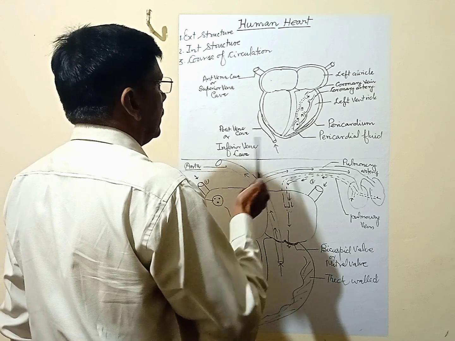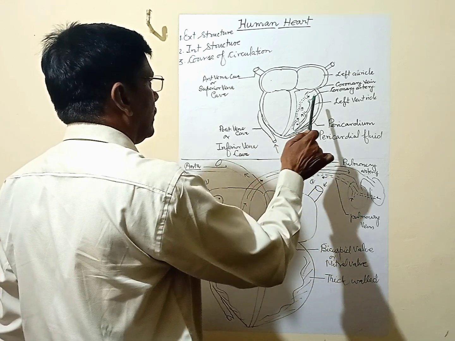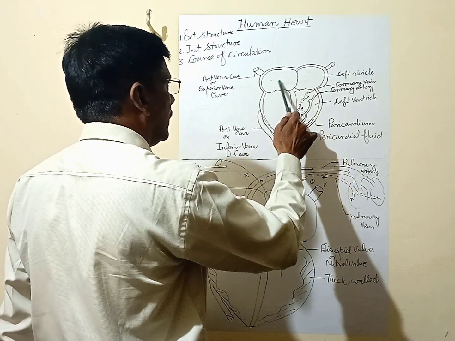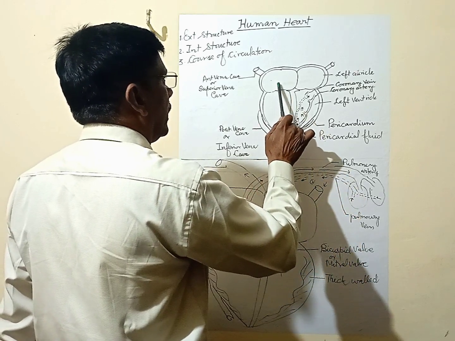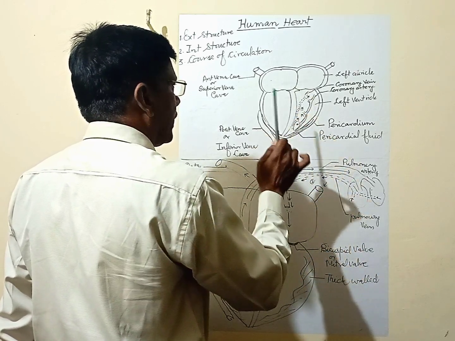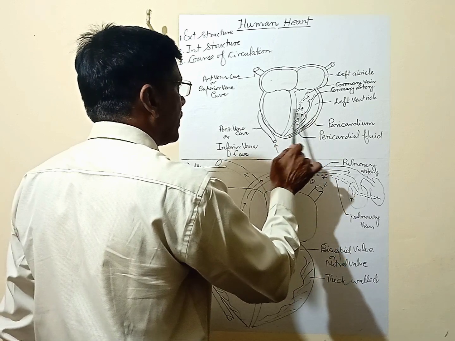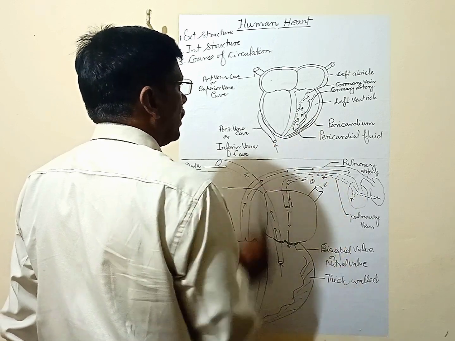Externally, it is almost triangular. There are two auricles on the upper side and two big chambers, known as ventricles, on the lower side.